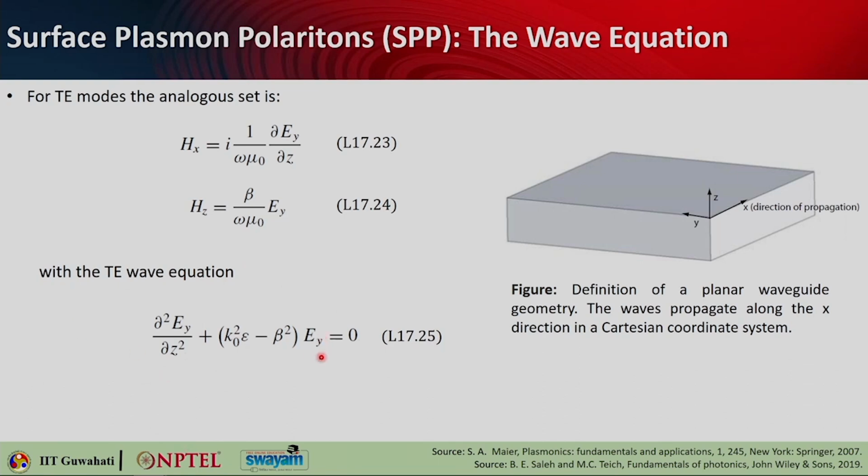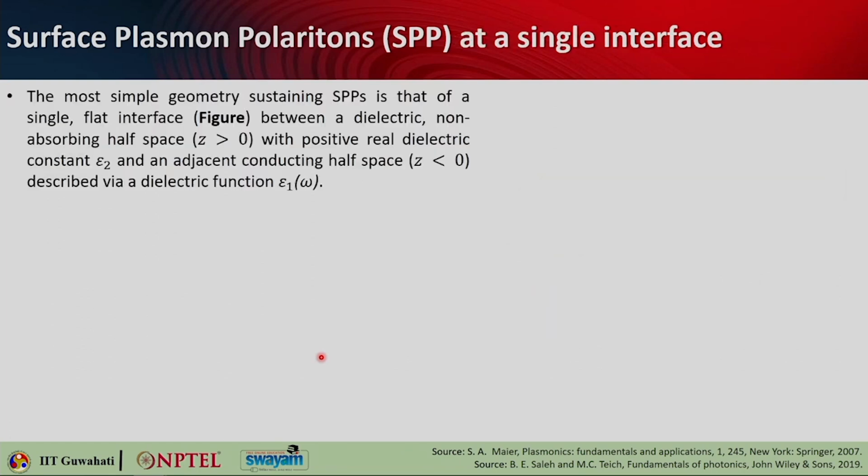This is what we have seen earlier. With these equations you are able to investigate the surface plasmon polariton modes mathematically, because these are the 2 modes which are possible along this interface. That can give you a solution.